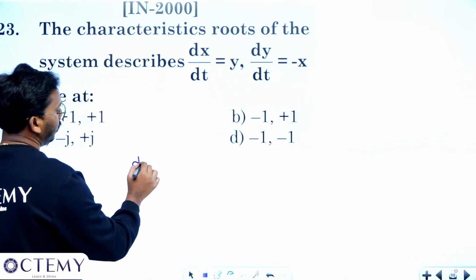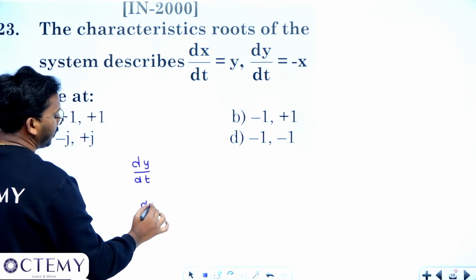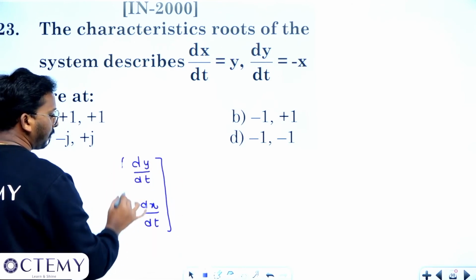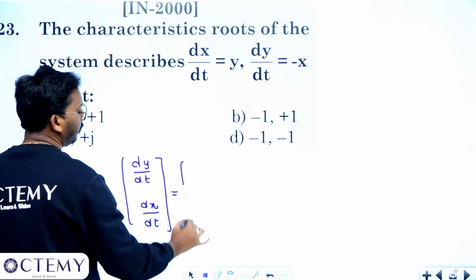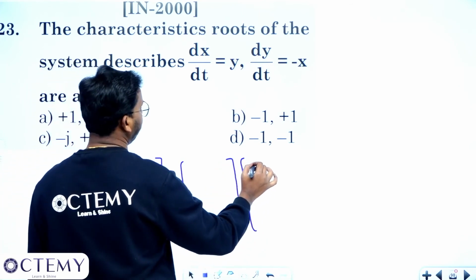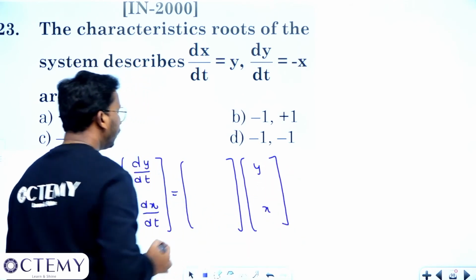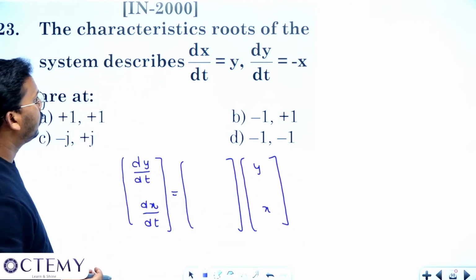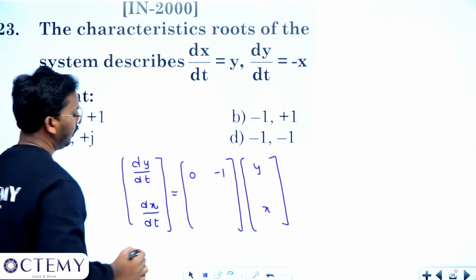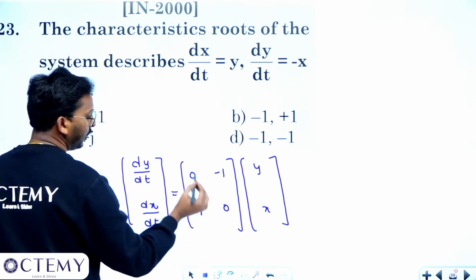You'll write dy by dt, dx by dt should be equal to a matrix times y, x. So see sir, what will this become? Dy by dt is basically minus 1 here, 0 here. Dx by dt is 1 here, 0 here. Right? This is a matrix.